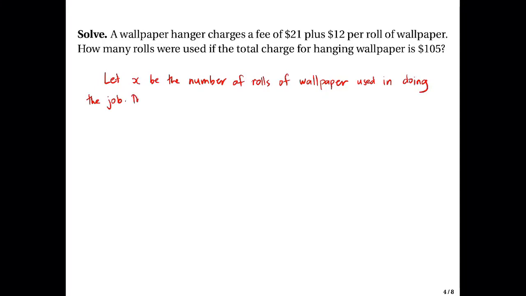Then the cost. Let me label the cost as, say, capital C. Then the cost for the job, this capital C here, is equal to $21 plus $12 times the number of rolls of wallpaper.